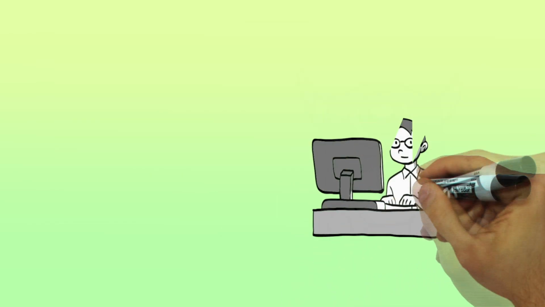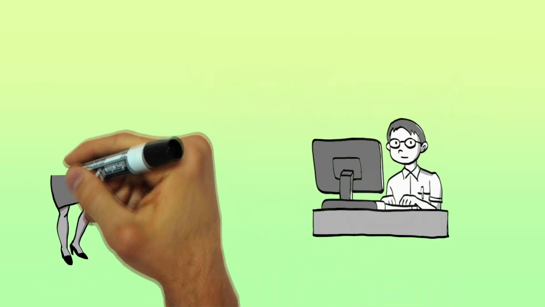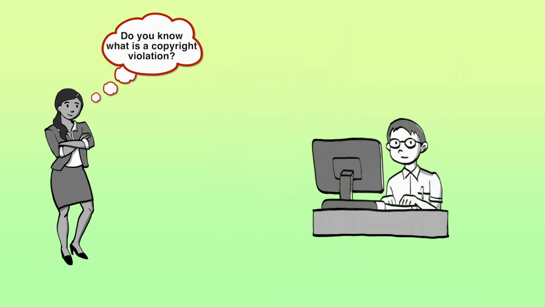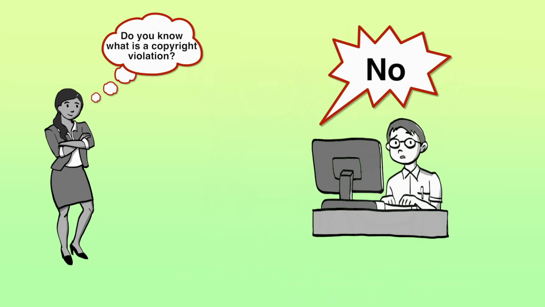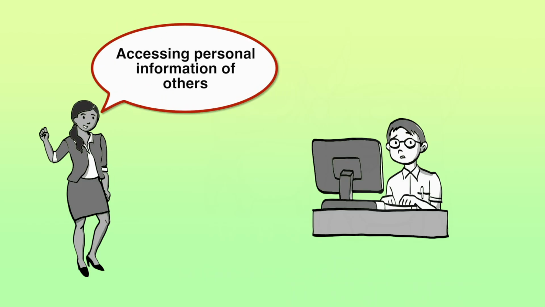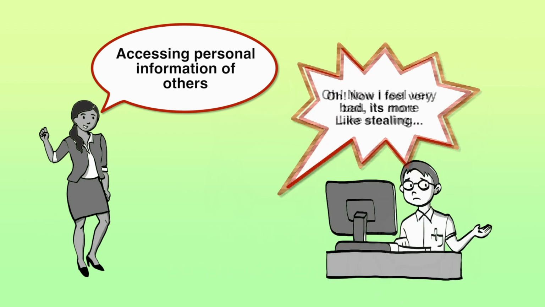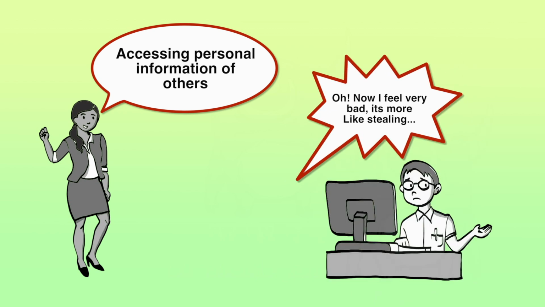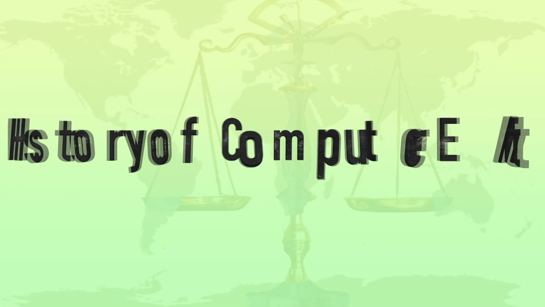One of the common ethics missed by many among computer ethics is violation of copyright issues. Duplicating copyrighted contents without the author's approval, and accessing personal information of others are some of the examples that violate ethical principles. Now let us have a discussion on the history of computer ethics.